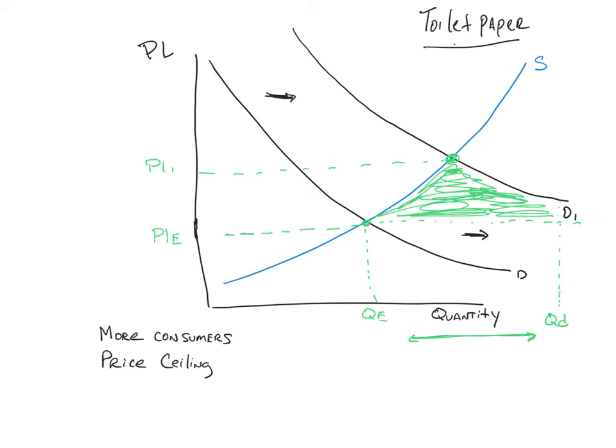Notice here at price level E, quantity E, this was the equilibrium point that we started off with before all of this came about. Because we are having a greater number of consumers, because people are in fear of not having toilet paper, they're beginning to buy more of it, so there's more consumption there.